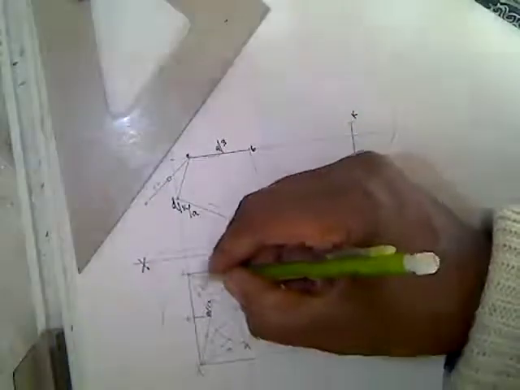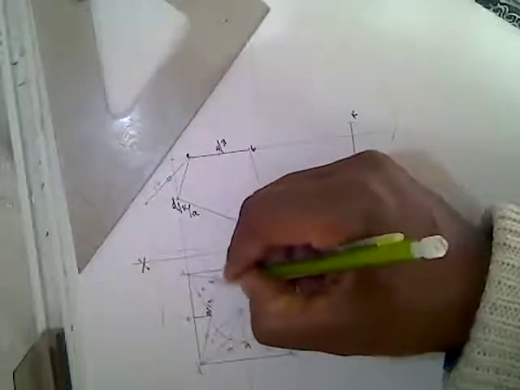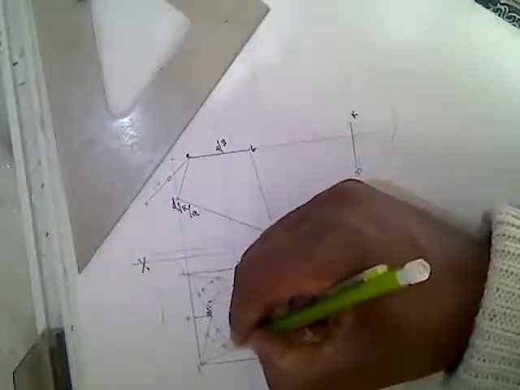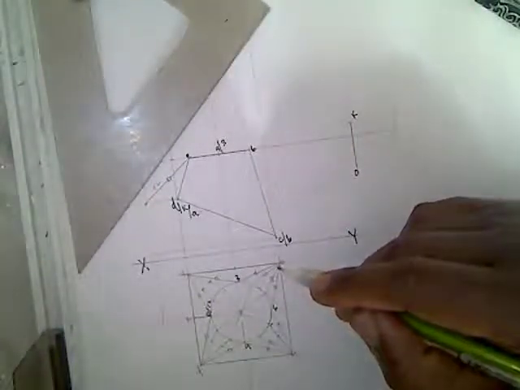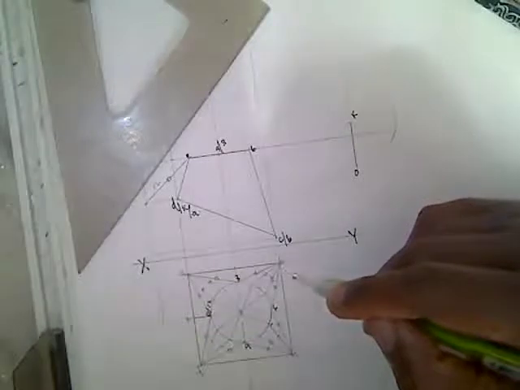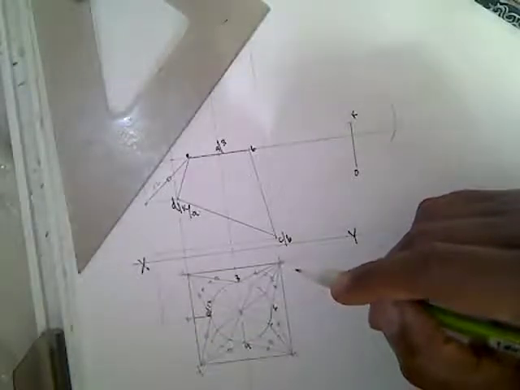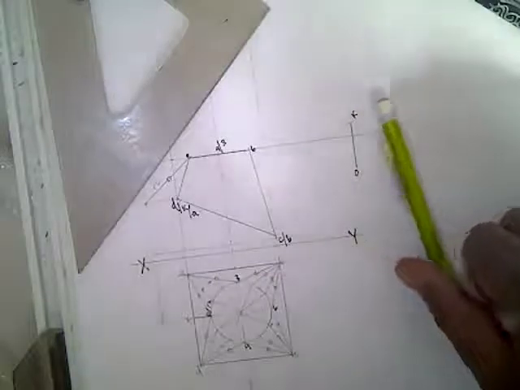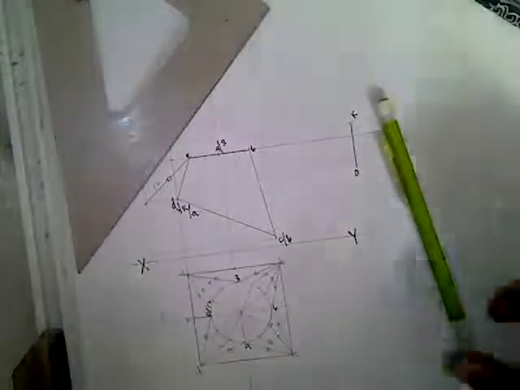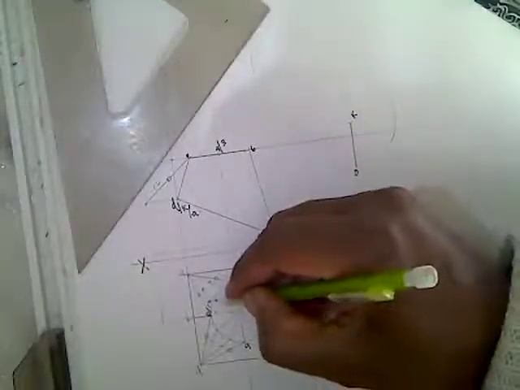And then coming to this one, I get one of these, because those 4 lines, they are equal. If I get one of them, then I will have their true length. So now I do that. I rotate.